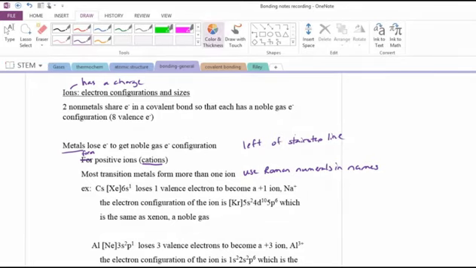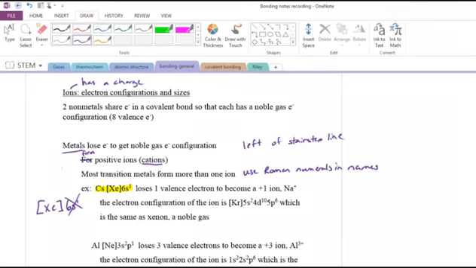So, if we have Cs right there, its electron configuration is 6s1. It's going to lose that one valence electron, because when it does, we take xenon 6s1 and lose that electron.